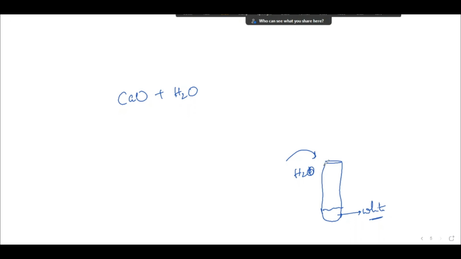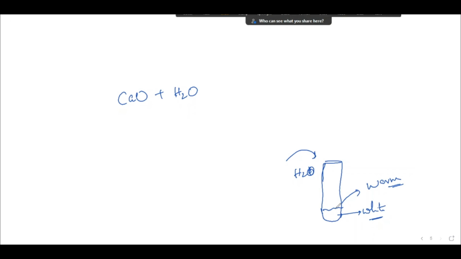So if you take a substance like calcium oxide, and to this if you add water, calcium oxide is a white color substance. You are taking this calcium oxide in this, and to this you are adding water. When you add water to this, what happens? It becomes a white liquid. When you touch this test tube, you will feel the test tube is warm.